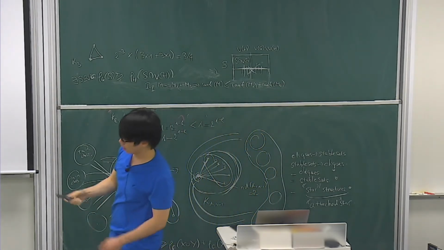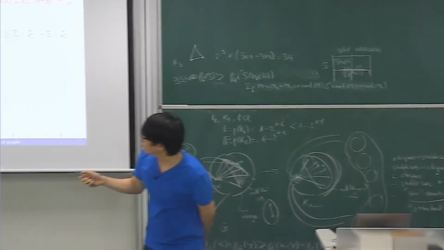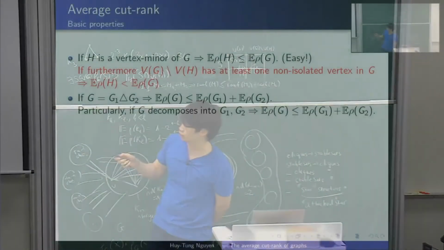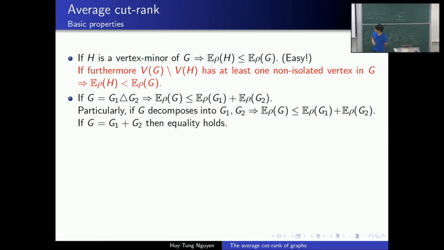In particular, if G decomposes into G1 and G2, then you still have this inequality. And if G is a disjoint union of two graphs, then equality holds, right?